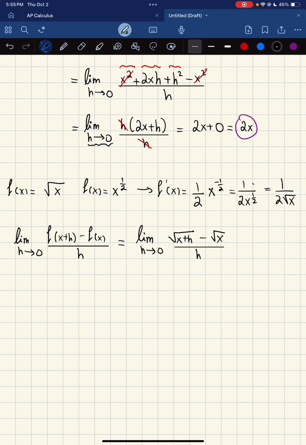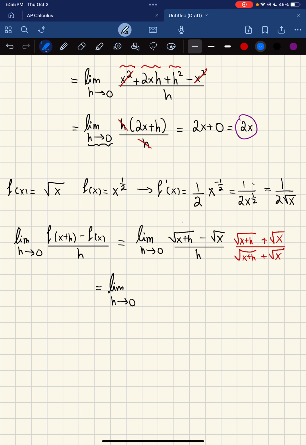Now over here, in order for me to get rid of the square root in the numerator, I'm going to multiply up and down by the conjugate. So the conjugate over here is going to be the square root of x plus h plus the square root of x, over the square root of x plus h plus the square root of x. Therefore, I will have limit as h is going to 0.